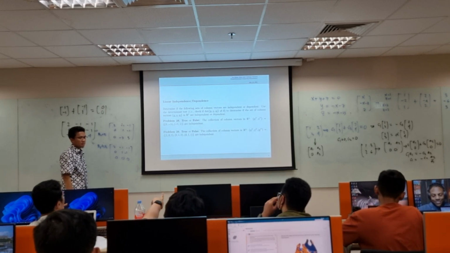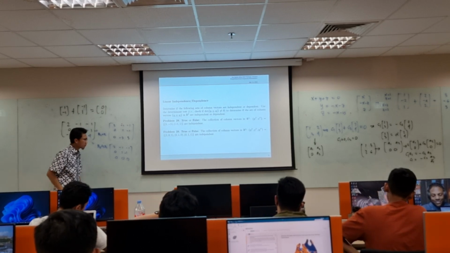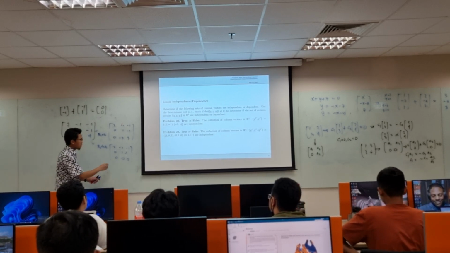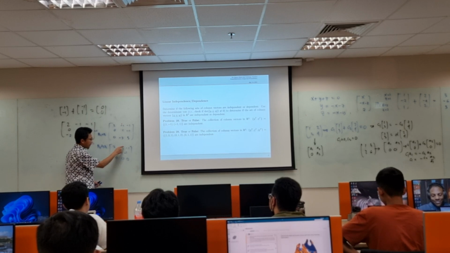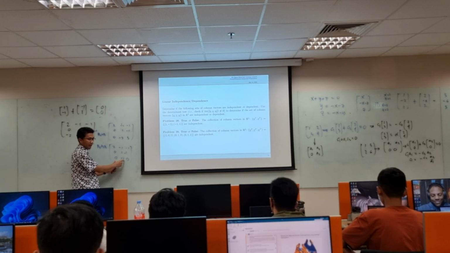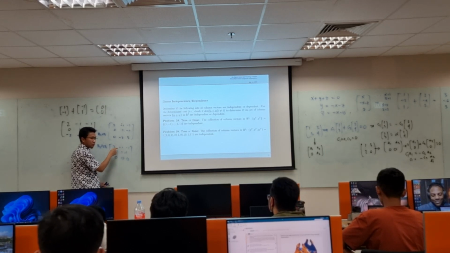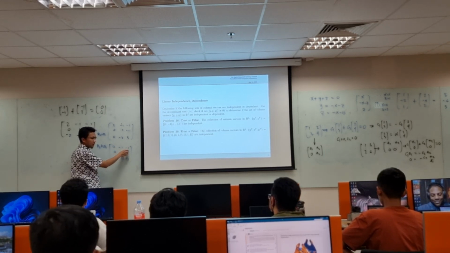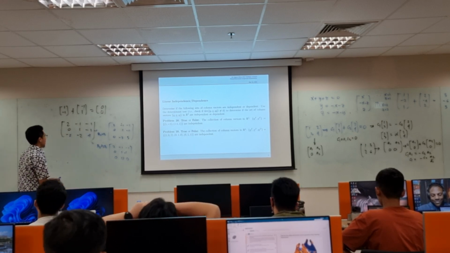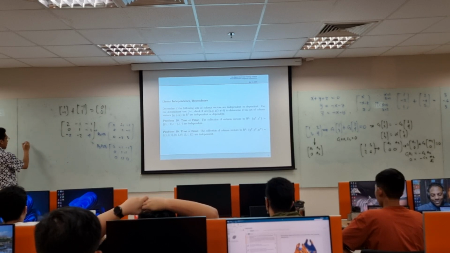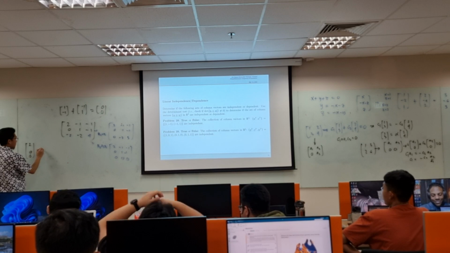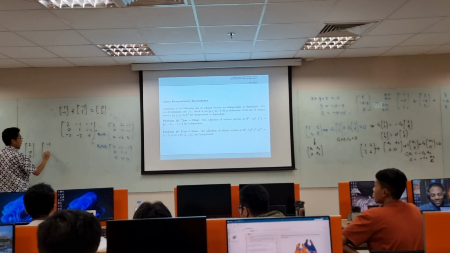If we find a value on the last row, are they the full rank? So you see, this first column and the second column are linearly independent. Let me show you: 2 0 0 and then -1 1 0.